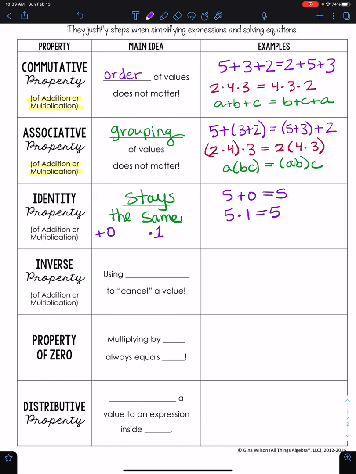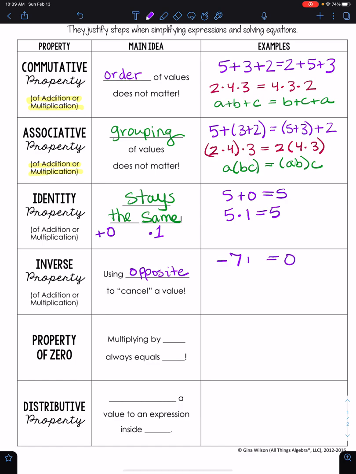The inverse property is to do the opposite, to cancel a value. For example, if I had a -7, what could I add to it to get 0?